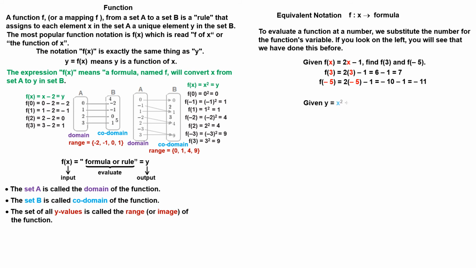Given y equals x squared plus 2x, find f of 3 and f of minus 5. Replace every x in the function's rule by 3. Then perform the calculation. Do the same to evaluate f of minus 5.